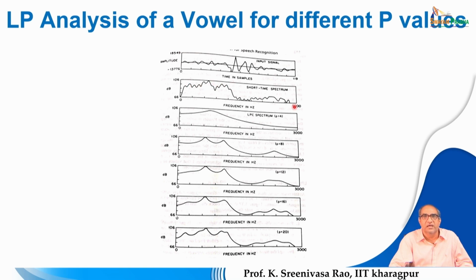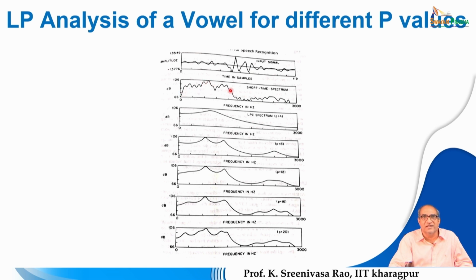But from this spectrum, it will be a bit difficult to determine the formant frequencies, because in this spectrum, along with the spectral envelope of the vocal tract, the spectral characteristics of the excitation are also superimposed on this.